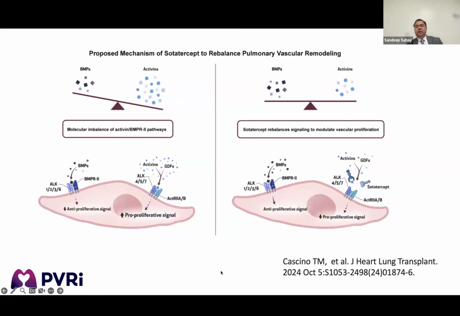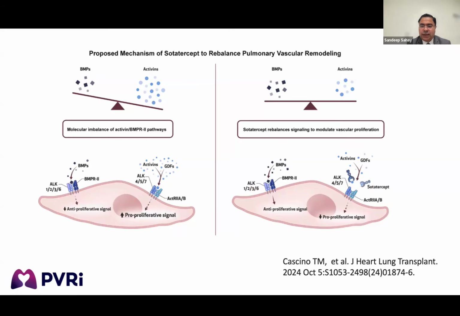Okay. So briefly talking about how Sotatercept works. As I previously highlighted, in the disease there is an imbalance between the pro-proliferative and anti-proliferative mechanisms, and what Sotatercept does is try to rebalance that.